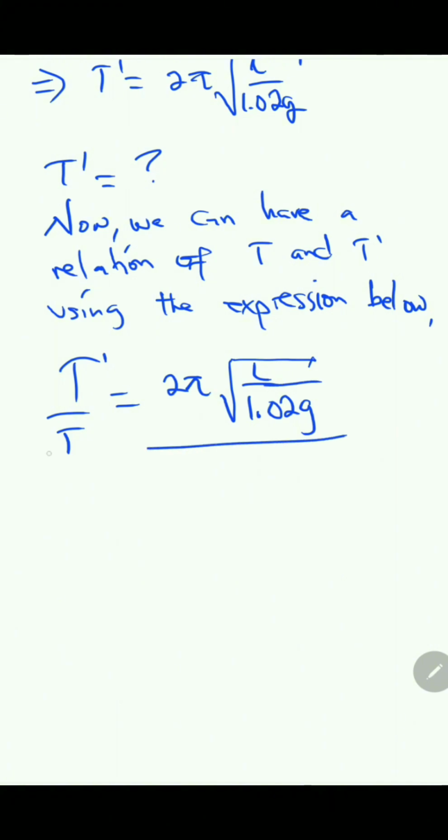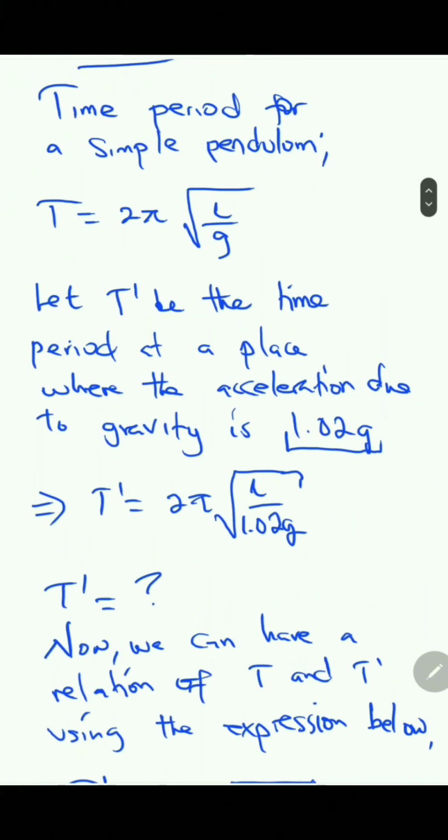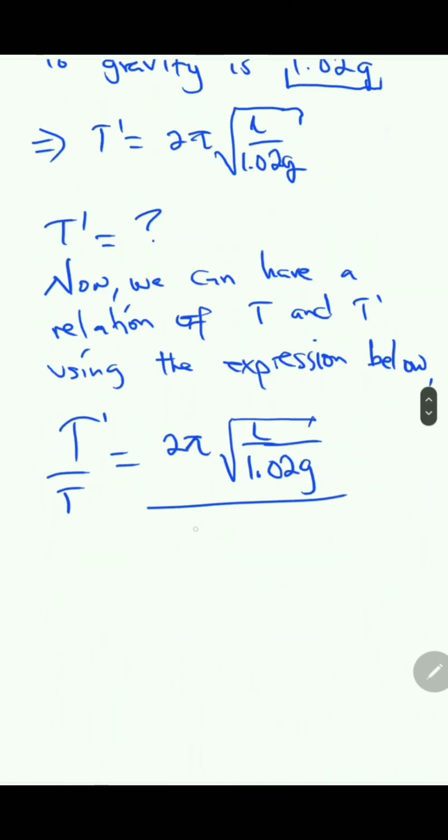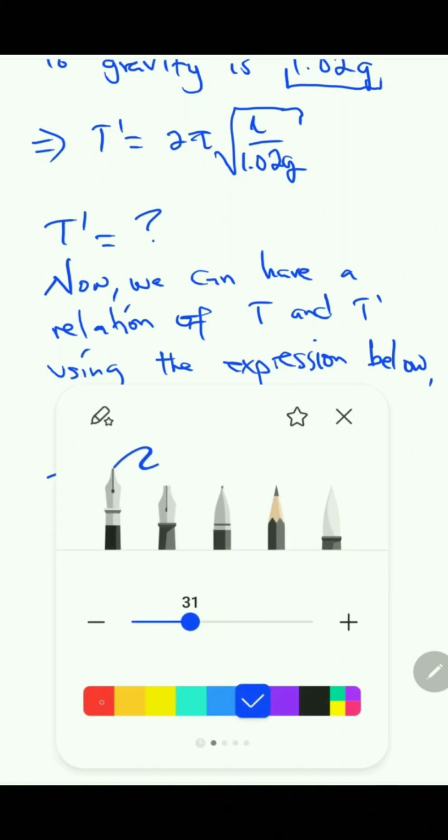Then we say over what we have for T, which is the period where acceleration due to gravity is g. So this is 2 pi, length is still the same, then over g.